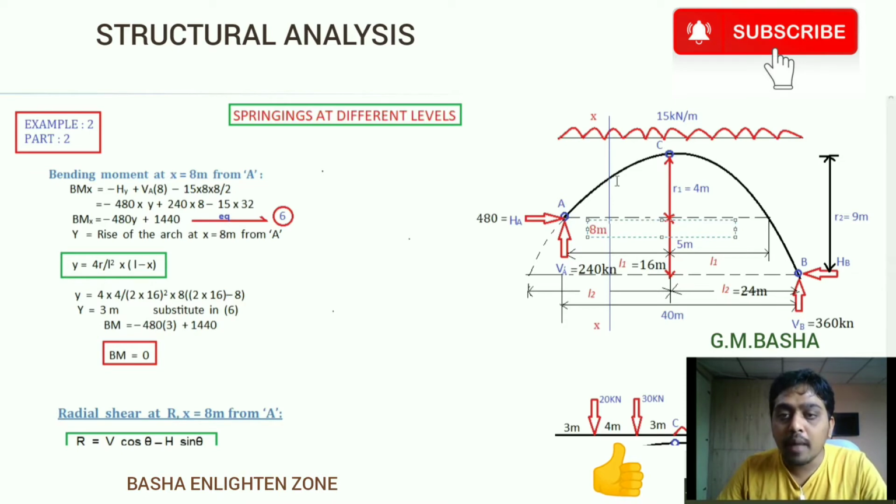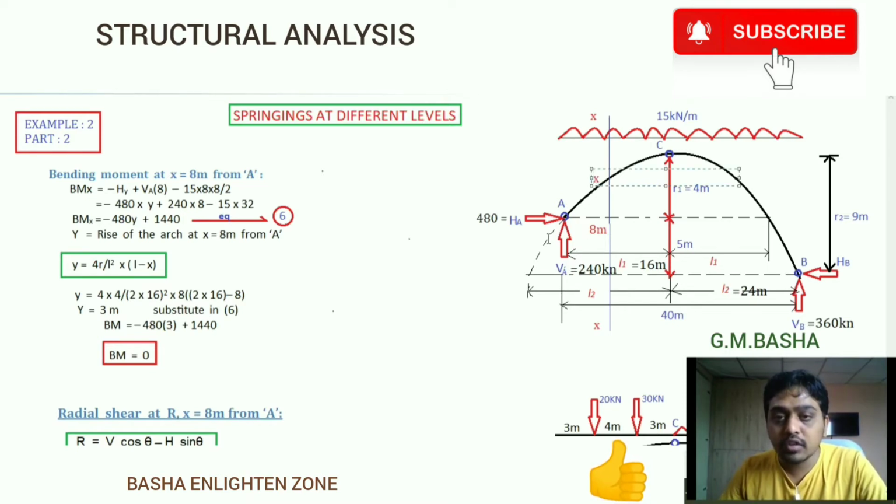I am mentioning this point as x because already we have taken the abbreviation bending moment at point x. So that is the reason I am indicating this point as x. Already this one will be A, this one will be C, this one will be B.